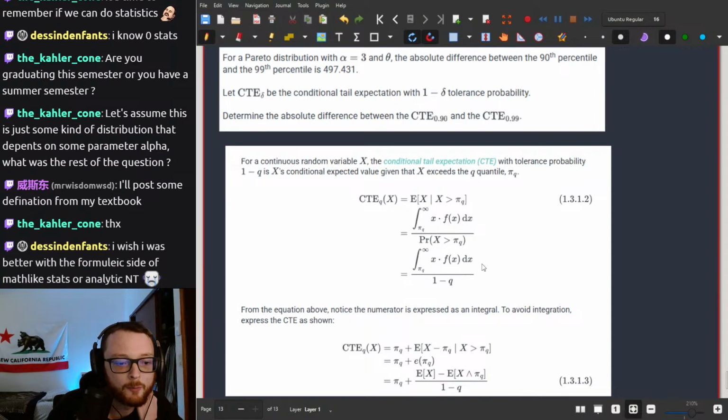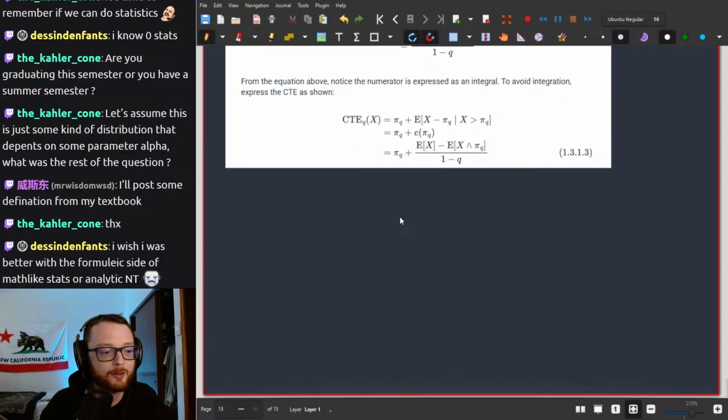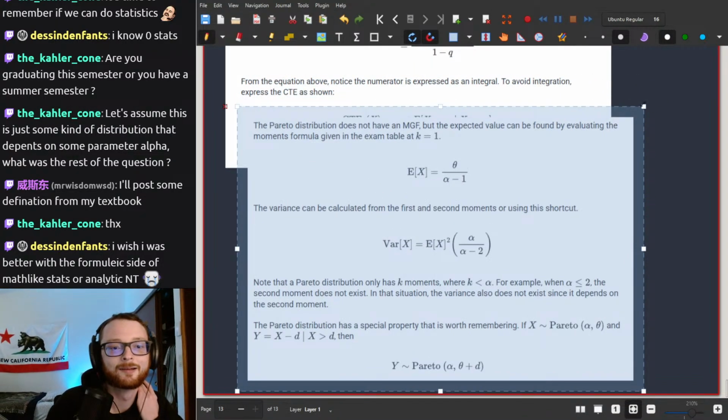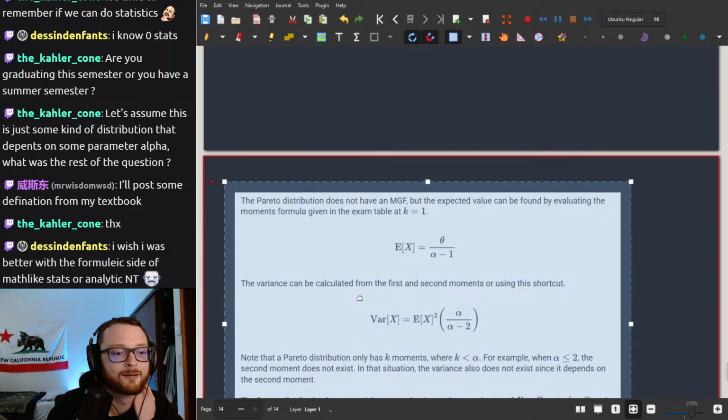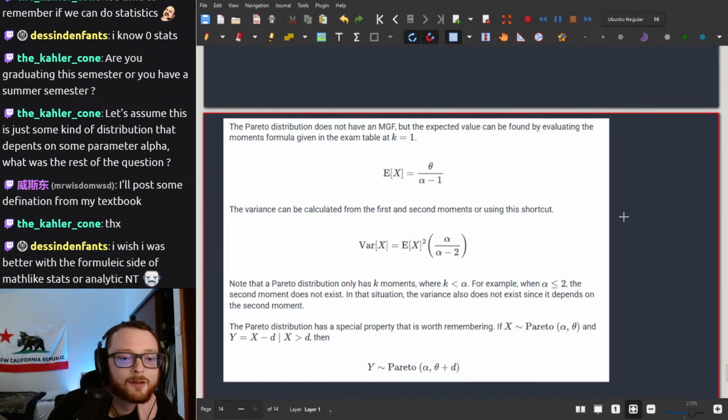Okay, so this is just a formula that we could plug in. That's convenient. Or you can do something with expectation. Oh, good. Okay, you're saving me a lot of work with the thing that you just posted there, I think. Okay, so this is the expected value of the Pareto distribution. Yeah, okay.